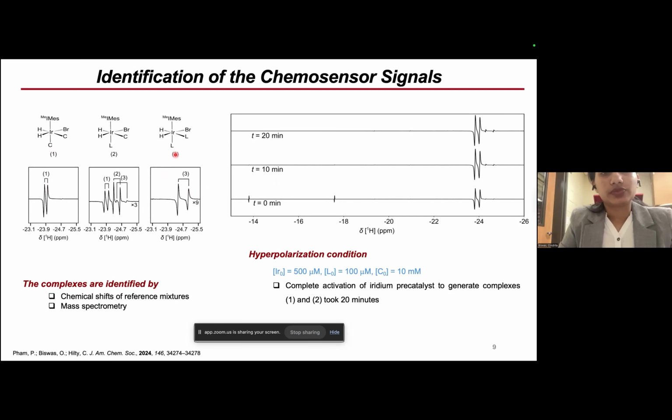In the third solution, we took the ligand as well as the co-ligand and the SABRE pre-catalyst, and we got three sets of hydride peaks, which corresponded to complex 1, 2, and 3. So the two hydride peaks which we got are from complex 1 and complex 2. We also found out that 20 minutes was required for the full activation of the catalyst to form complex 1 and complex 2.